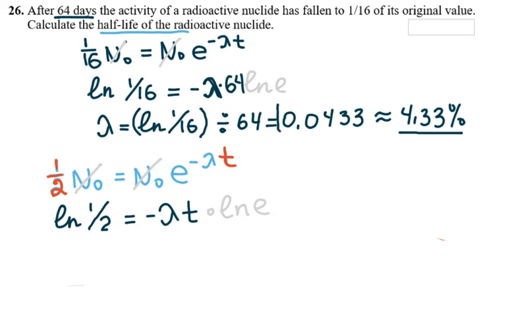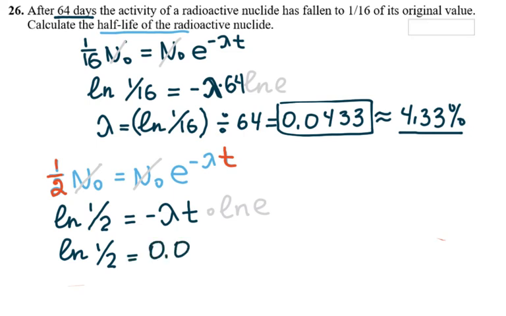So I have the natural log of 1/2 is equal to 0.0433 times t, and this t is the half-life, the time it takes for the element to decay to 1/2 of its original value. So I get the half-life is equal to 16 days.